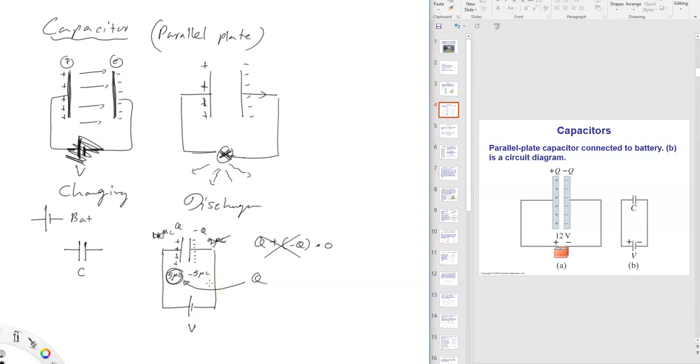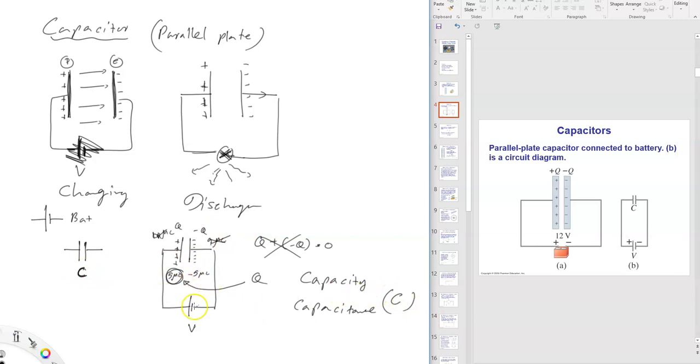And then the amount of charge a capacitor can accumulate when connected to a battery of voltage V is given by its capacity or capacitance. Capacitance or capacity is denoted by letter C. So that's what the symbol means.